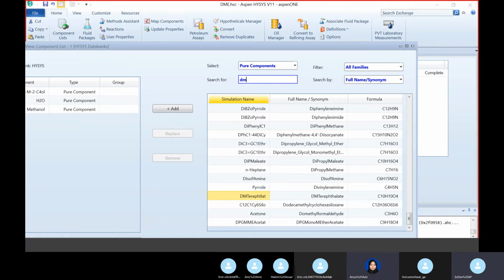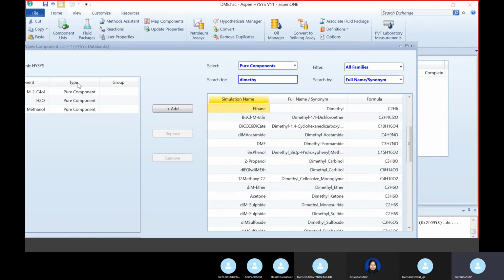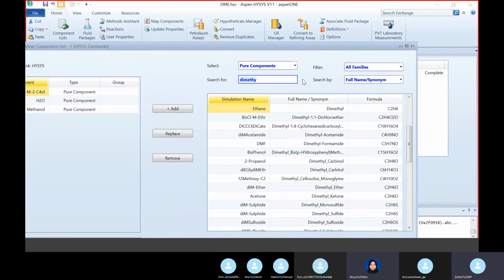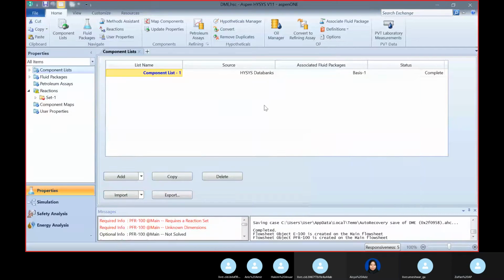Double click on that 2M2 alcohol. Oh, okay, this is wrong. Exactly. It's this one, right? And then replace. Close.